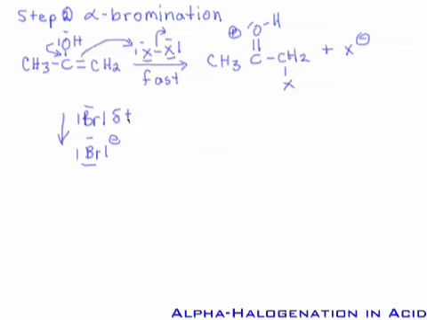Of course, the last step is very fast, and it is a step we've seen that occurs in reaction mechanisms when it is favorable, and that is step 3, deprotonation. It's not really an exclusive part of alpha-halogenation. It's really more just something that happens as necessary.